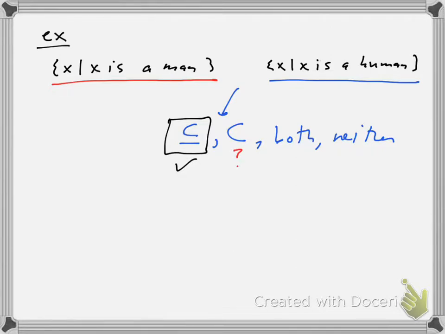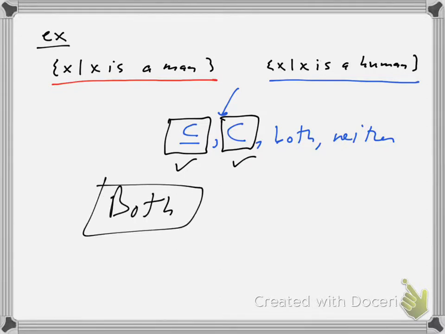Well, it can be a proper subset as long as it's not equal to the set of all humans. The set of all men is not equal to the set of all humans, so I can also use this one. So the answer is going to be both. Both are good.